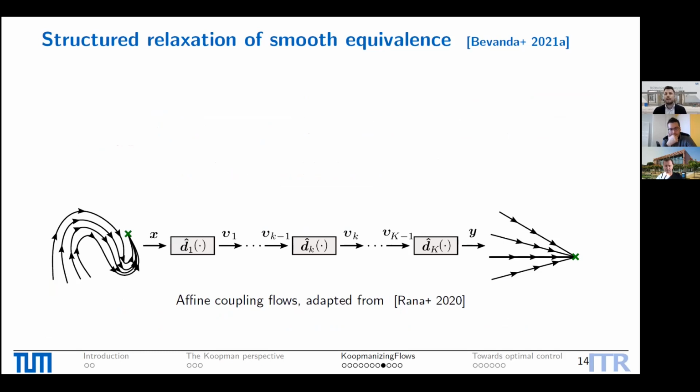We take an evidently non-linear system's trajectories on the left, and this structure that we've shown consists of these coupling layers that have the property of being invertible, with the consideration of continuously differentiable function approximators S_i and T_i. It's not novel; we haven't developed this. It's usually called normalizing flows, or specifically here, affine coupling flows. And this is also related to the name of the framework that we've given it, Koopmanizing flows.